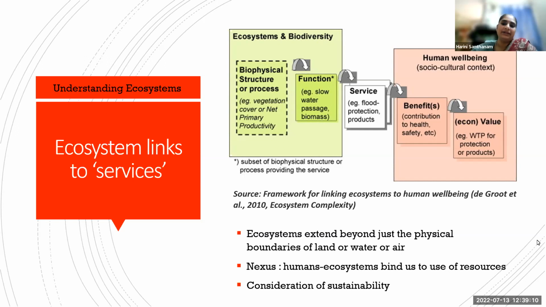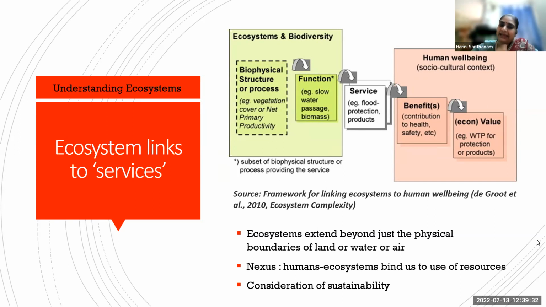For example, if we take mangrove ecosystems, they offer what is known as flood protection. Okay. So they also offer some extra services in terms of mangrove wood products, right? So here, these are the services that these ecosystems offer.